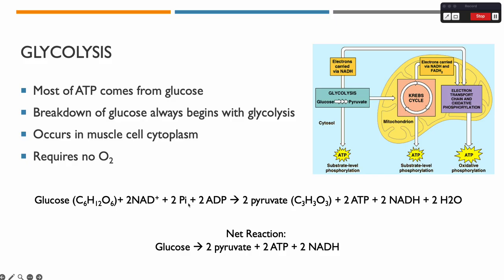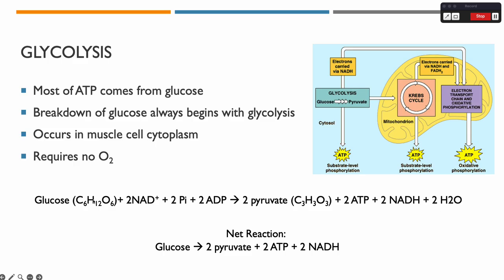We can kind of see where this process is headed. If we run glucose and all these things through glycolysis, you'll get 2 pyruvates, which are 3-carbon molecules. You'll get 2 ATPs, you'll get 2 NADHs, and you'll get 2 waters.